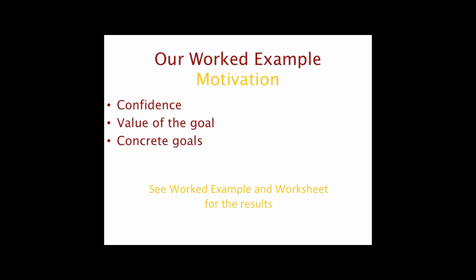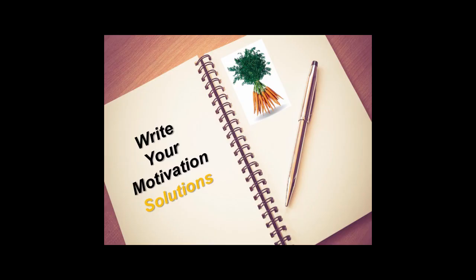So these messages of confidence and value and concrete current goals become really important solutions in our worked example. Again, take a look at the worksheet and see more specifically what we've written there. Write down what you think your motivation solutions would be to close your motivational gaps or your challenges in motivation for your stakeholder in achieving their goal.